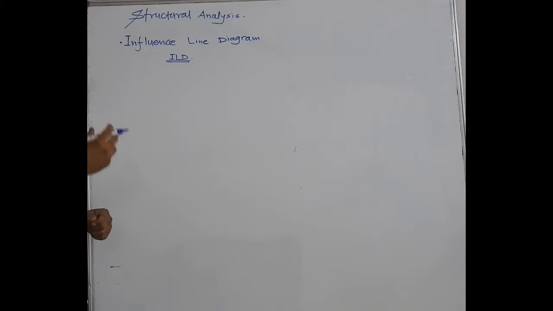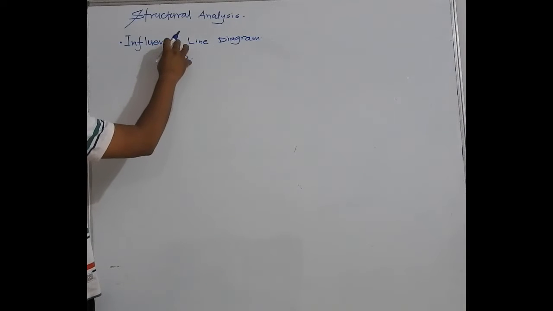So we are talking about the moving load over the girder, over the bridge. When we have to determine the maximum shear force, maximum reaction, maximum bending moment under any section, or maximum bending moment under any load, or maximum bending moment all over the span, in that case we will use this influence line diagram.